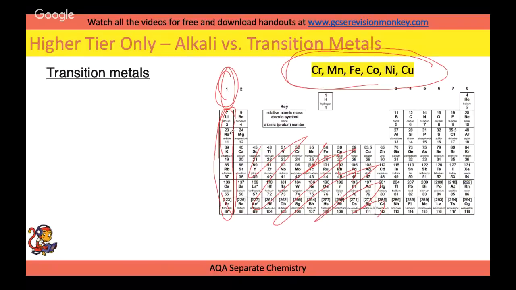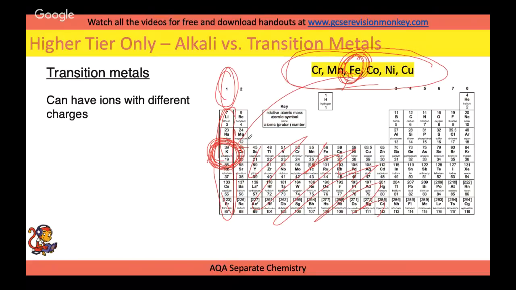If they ask you a random question, let's imagine they say, take potassium and tell me how that is different to iron, for example, they are testing your understanding of the differences between alkali and transition metals. Don't think you have to know random things about these; they're just testing your understanding of alkali and transition metals.